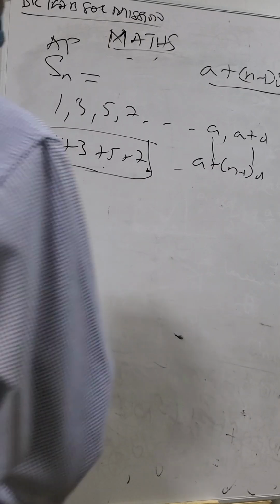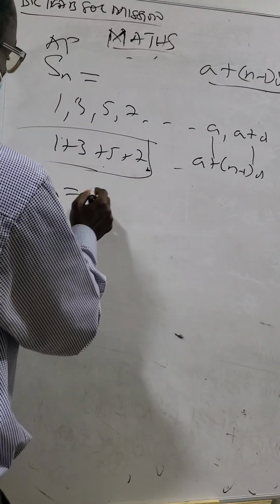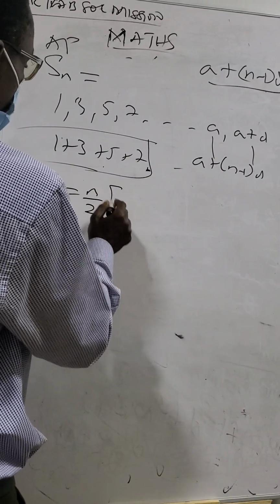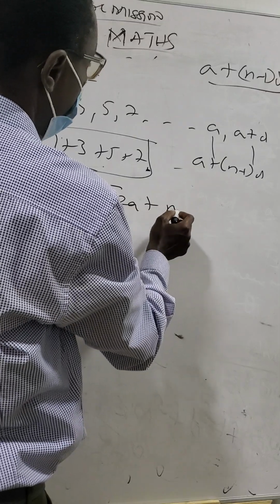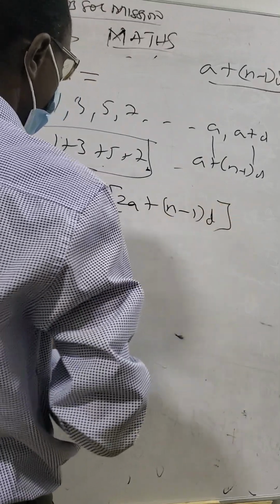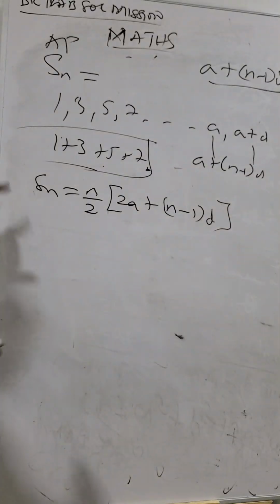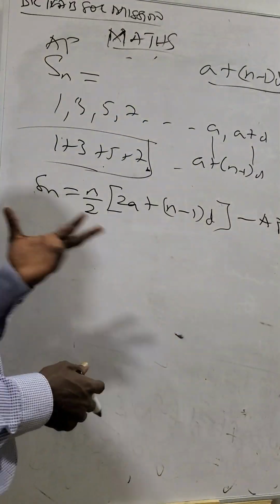Right, so Sn comes out as n over 2 bracket 2a plus the same formula that we have, n minus 1 d. So this is the formula for summation for AP, or arithmetic progression, the sequence where we are adding.